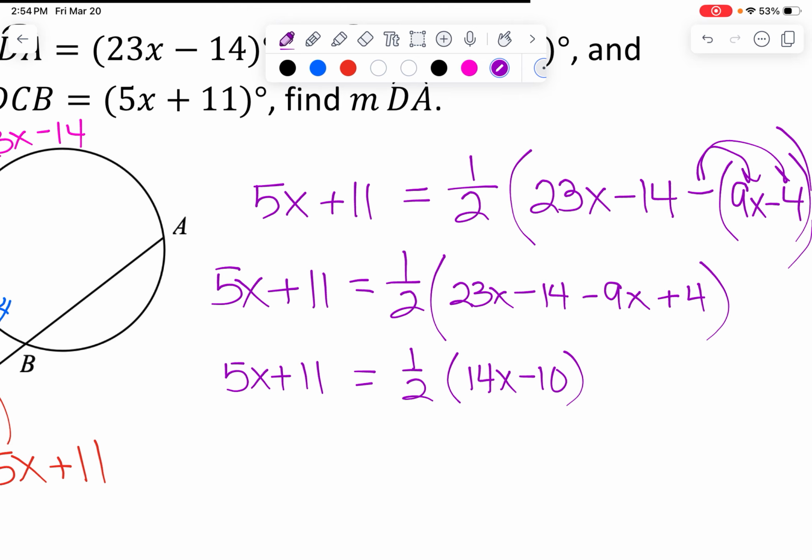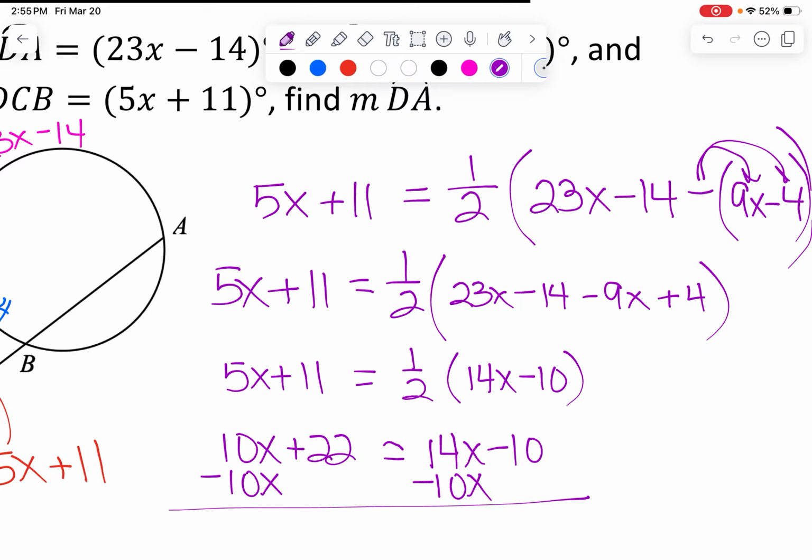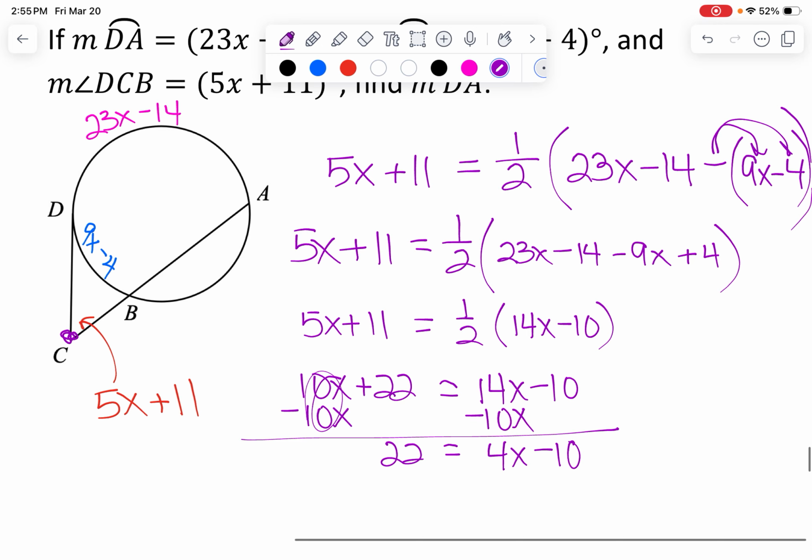If I multiply the left by 2, I'd get 10x plus 22. Multiply this side by 2, and that would cancel out the half, so I'd just be left with this. There are other ways to do that if you wanted to distribute the half, but sometimes that gets a little messy. Now I'm going to get all my x's on one side: 4x minus 10.